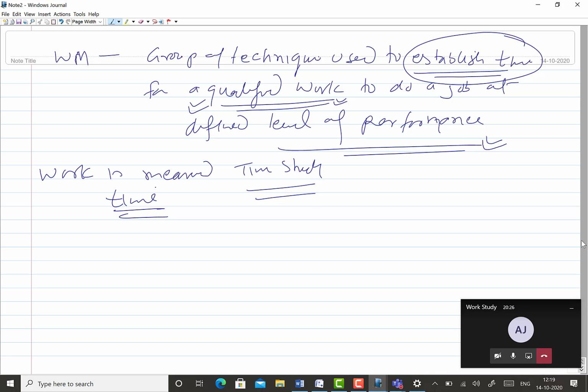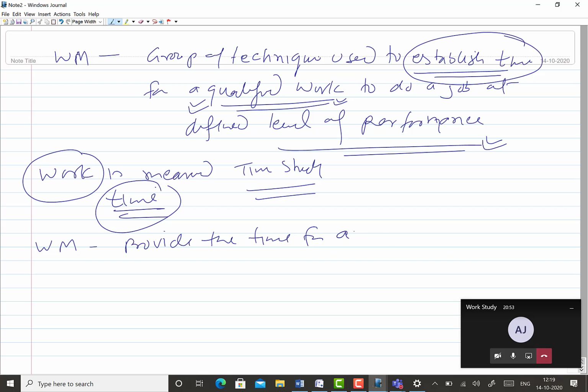As I said, work measurement quantifies the work content in a job, and that too in terms of the time required to do it. So work measurement provides the time for an operation or series of operations needed to complete a job.